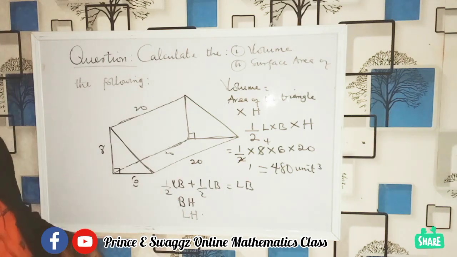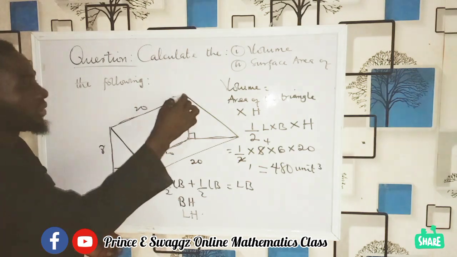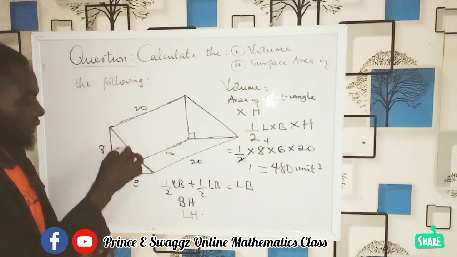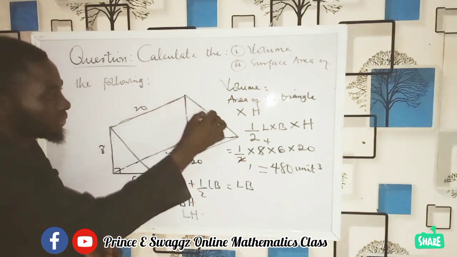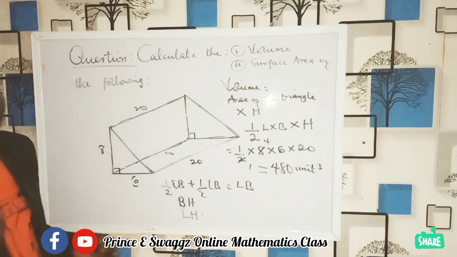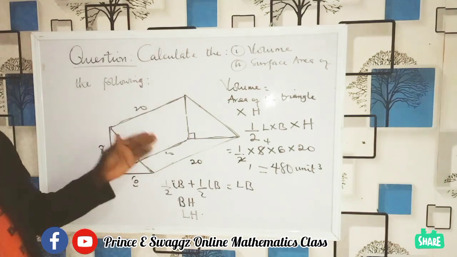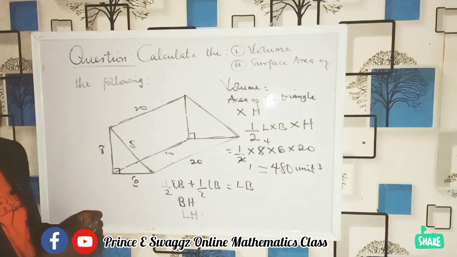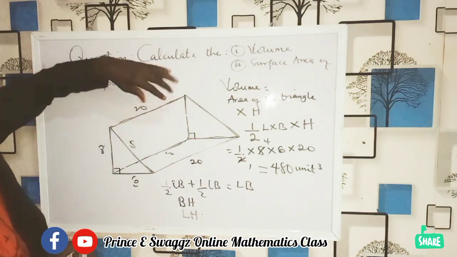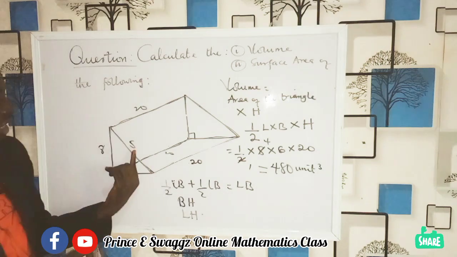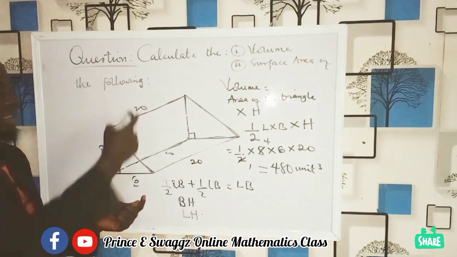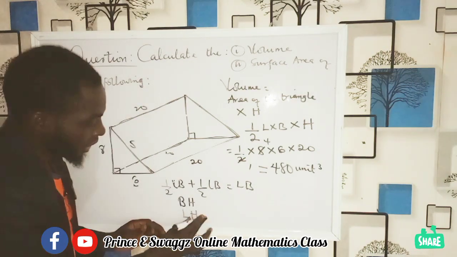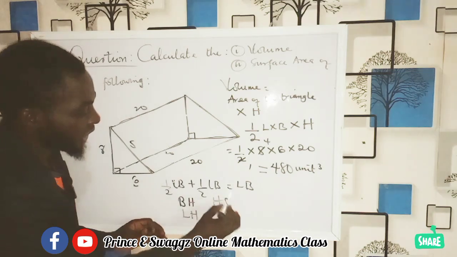The last one we can see from the diagram is this and this. So this place, let's label it as X. That means another thing you can see from here is the height and this side here. And that gives us another one, which is HX.